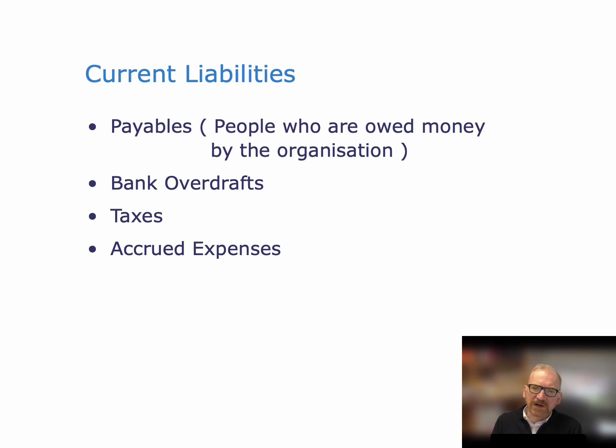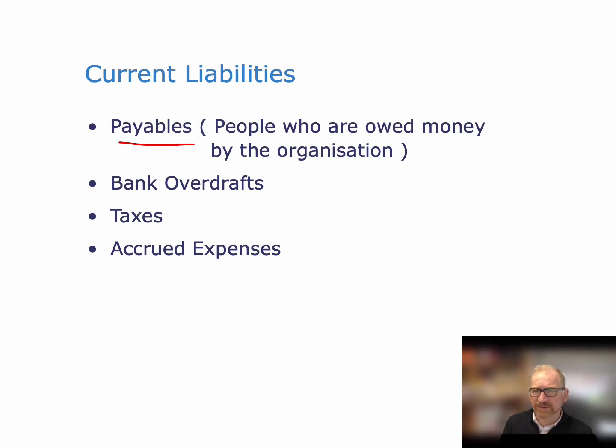The next section of the statement of financial position that we will look at is current liabilities. Current liabilities contains payables. Those are people who are owed money by the organization. These are generally suppliers to the organization, people who supply us with goods and services, and we haven't paid them yet for those goods and services.